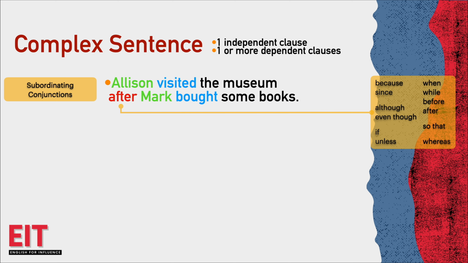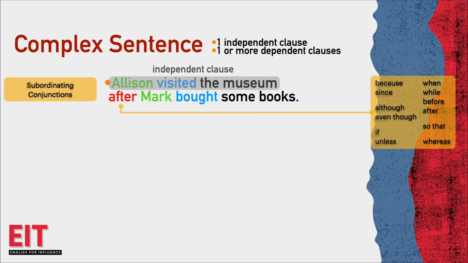Now, there are many of them. There are more than this list that we have here. If you want to review them, then please watch the video I made about connecting words. I'll put the link in the description below.